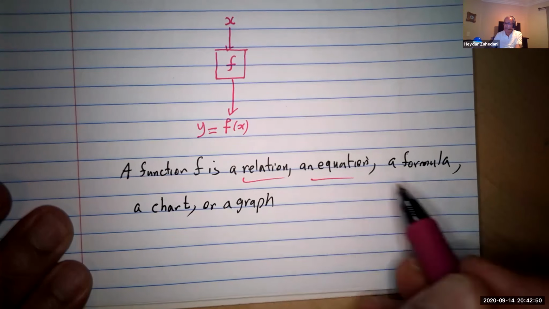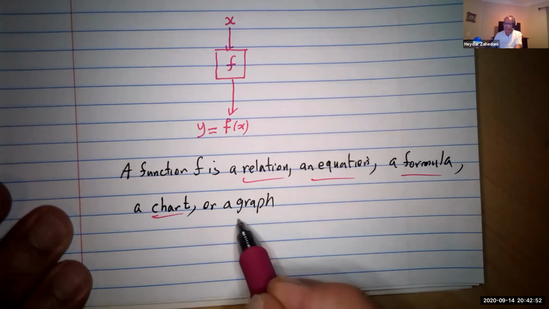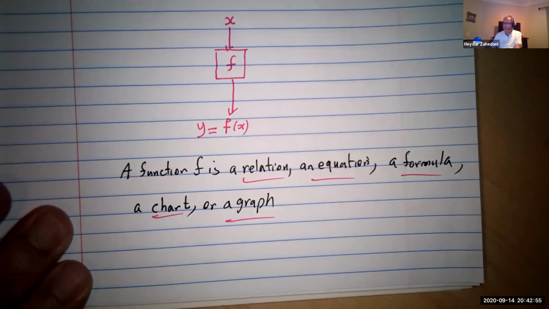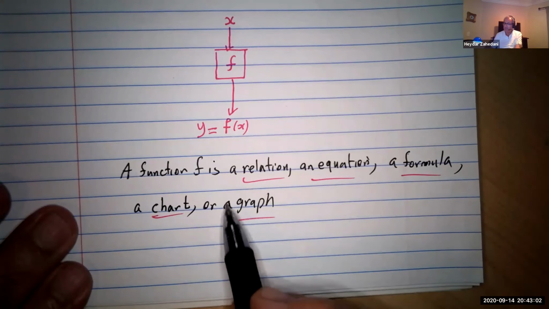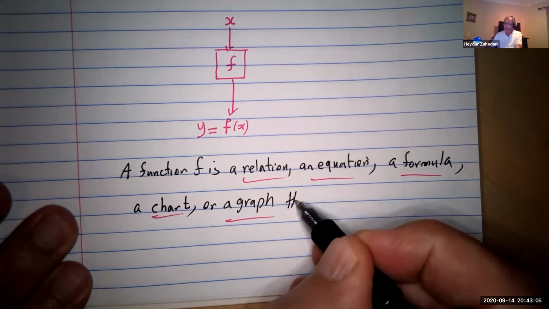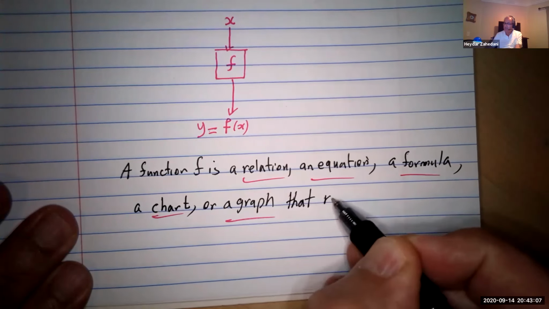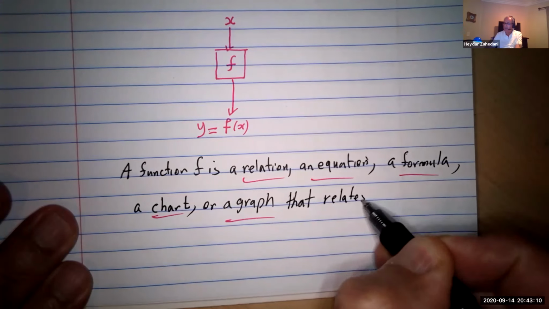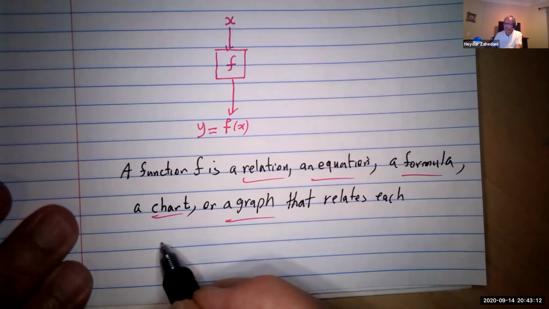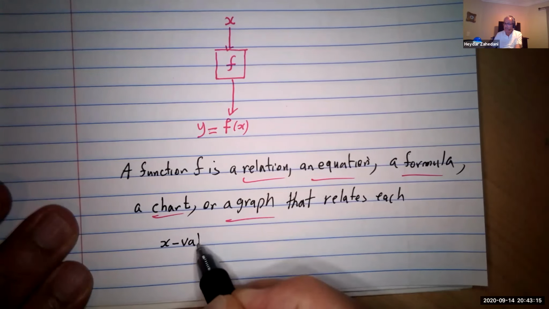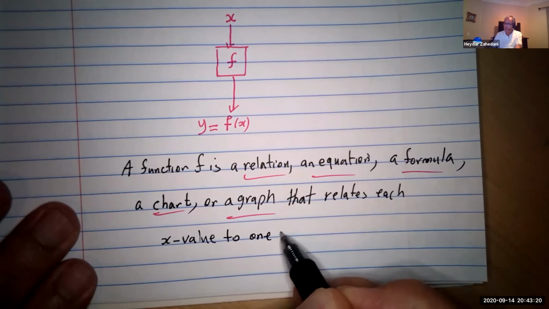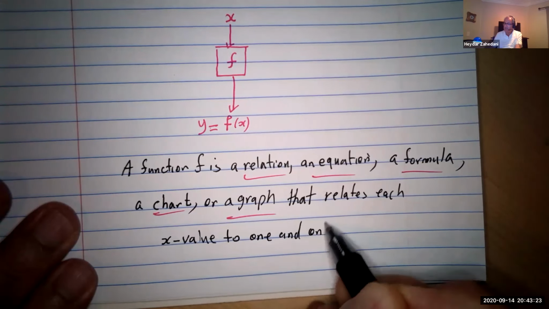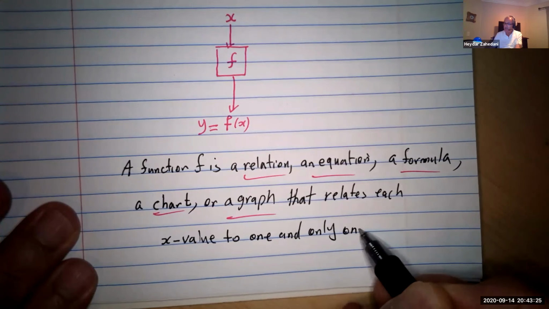A relation, an equation, a formula, a chart, a graph, or all of them, with one condition. What is that condition, you see? F is a relation, whatever it is, that relates each x value to one and only one y value.